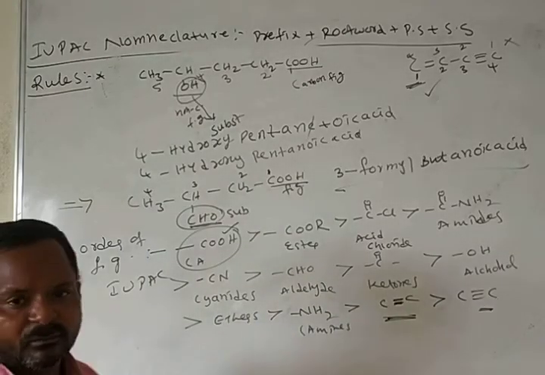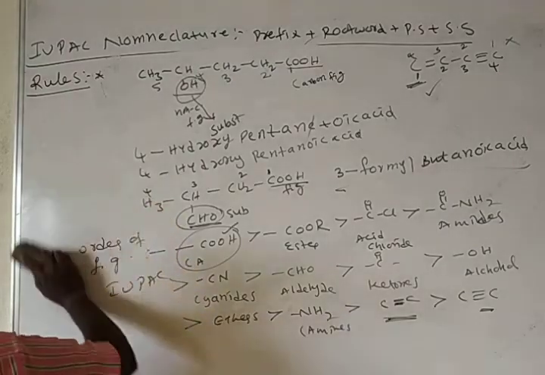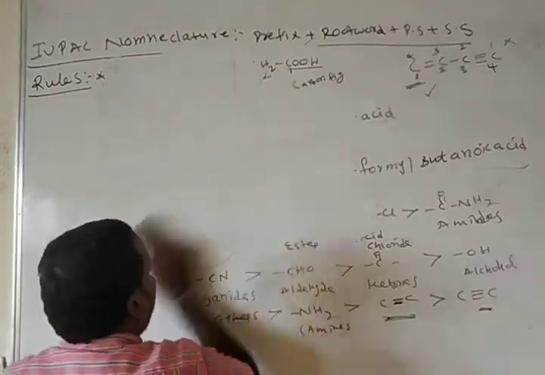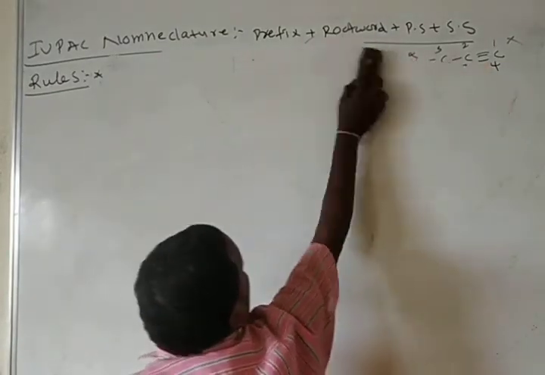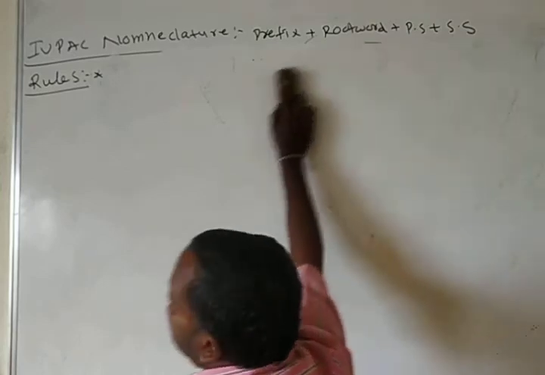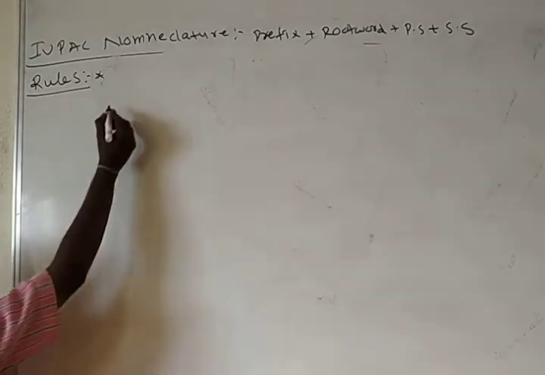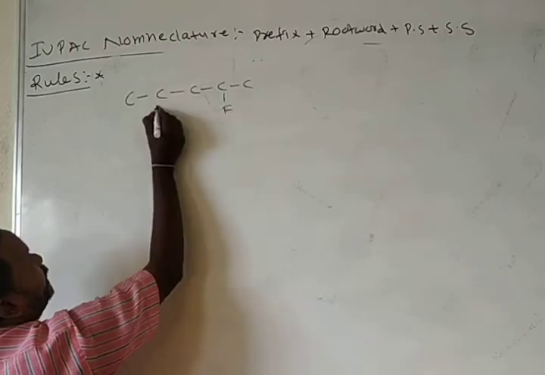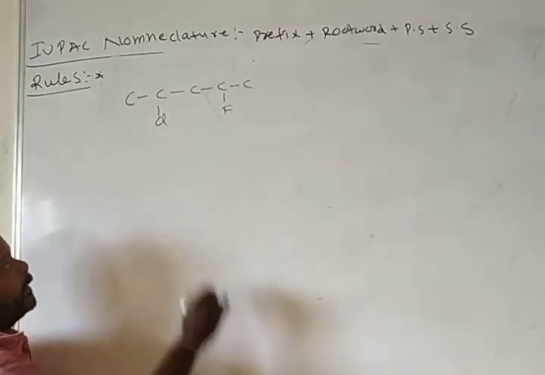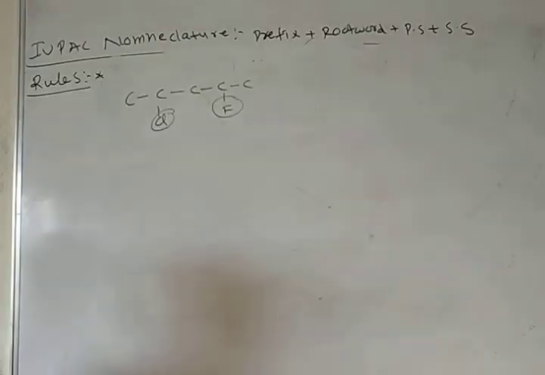One more rule is there. If the same substituents are present, for example fluorine here and chlorine here, both are substituents. How will you give the number?